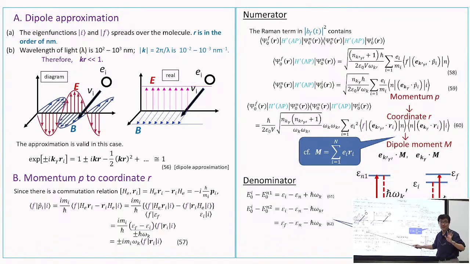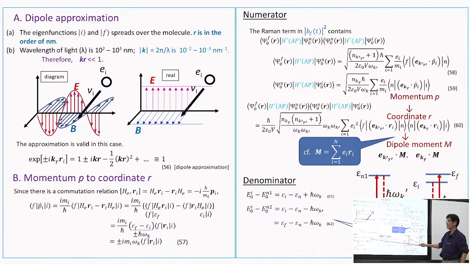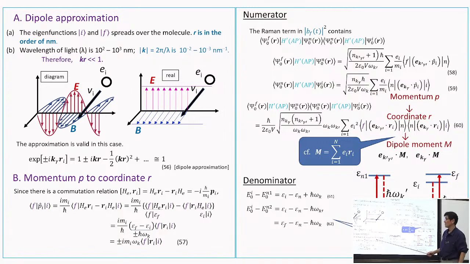One more point is that we can convert a momentum operator to a coordinate. Okay, so generally, the textbook of quantum mechanics tells us that there is a commutation relation between the Hamiltonian and the R coordinate. That is minus i h bar over m times p_i.